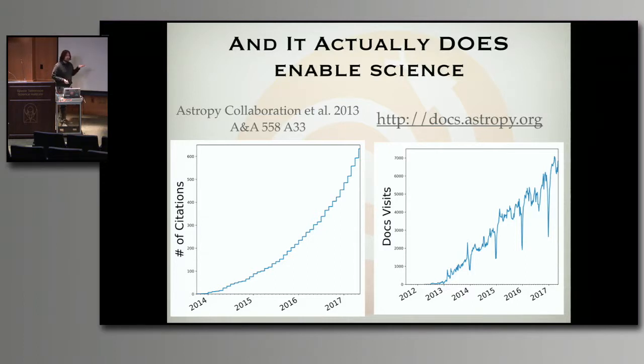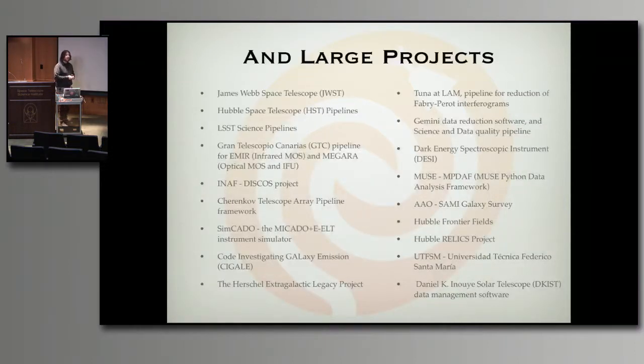Not only that, but large projects have now started taking up this sort of community-driven set of software. Right, so this list I'm showing you here is a long list of large projects that use AstroPy on some level or another.